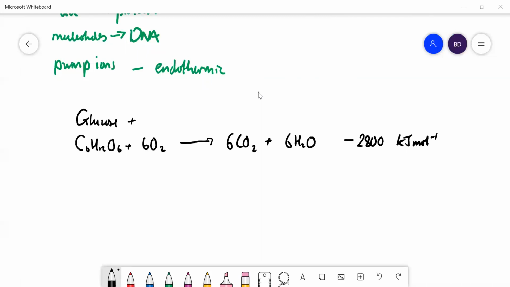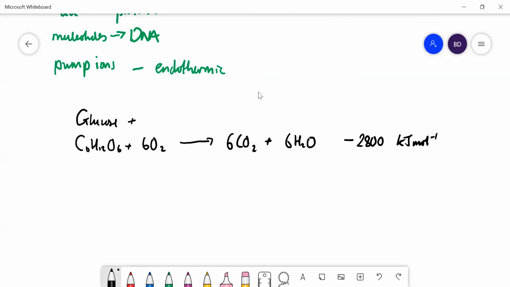Obviously, if you just burn glucose, that is not very useful because all the energy is just turned into heat. We want to use it for doing things like pumping ions, building big molecules, muscle contraction. That's just wasted as heat.